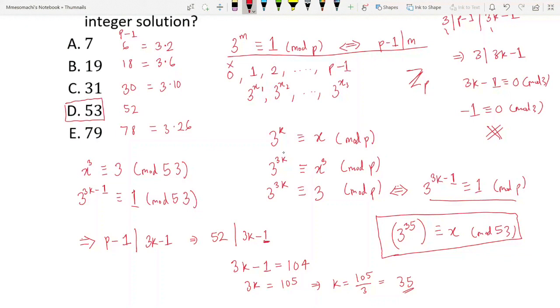You can go the long method, but we have an integer solution modulo 53. The remainder when 3 raised to the power of 35 is divided by 53 is a simpler solution, but 3 raised to the power of 35 is also a solution to this. So we have our answer, option D.